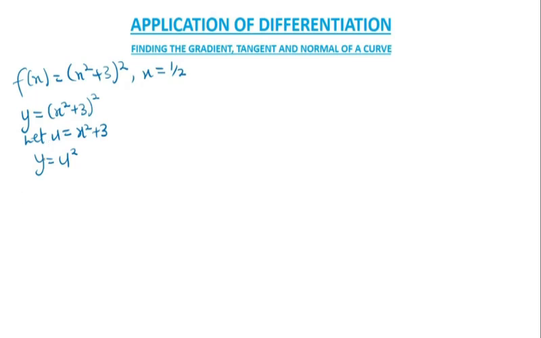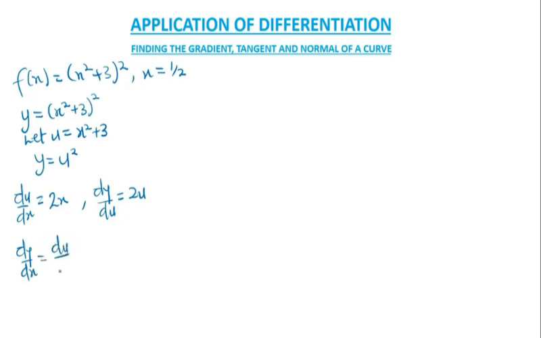So if we differentiate u, we have du dx is equal to, if we differentiate x squared plus 3, we are going to get 2x. Now if we differentiate y, we are going to get dy du equals 2u from here.